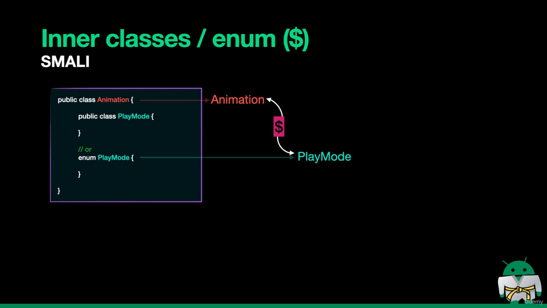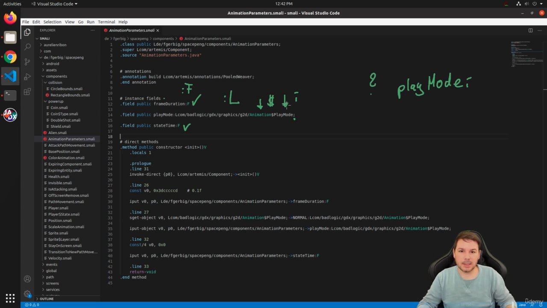In total, it looks like this: animation$play mode. This is the magic behind this $ sign. It is just the reference to an inner class or an enum type, for example. In this case, it doesn't have to be a class. It can also be an enum type. So we have to go into the Java source code to figure this out right now. Later on, we will learn how to deal with this.